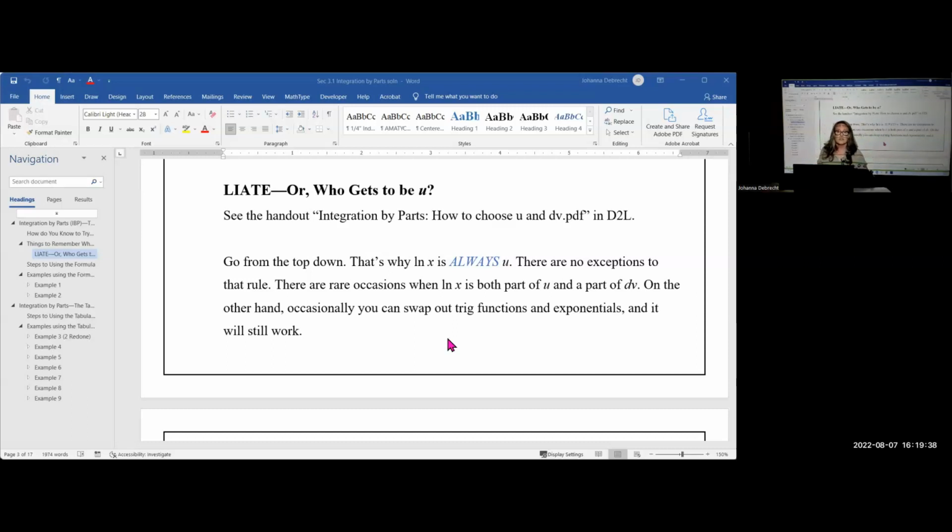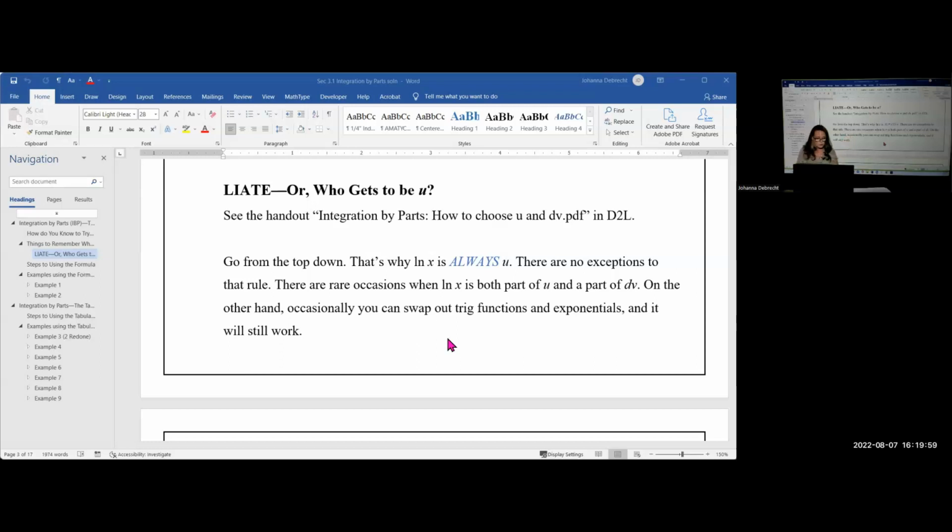Now this is weird, but it can happen if you have more than one natural log being multiplied together inside the integrand. The natural log is still going to be u, but it may also be part of dv. But it doesn't violate the rule. U is still natural log, but dv may also have a natural log in it.